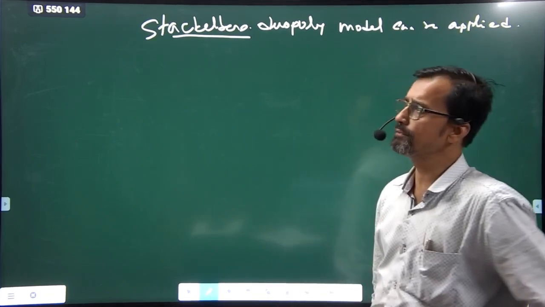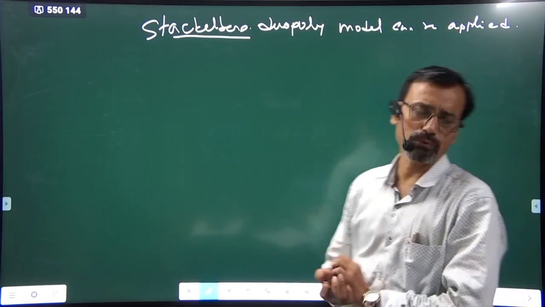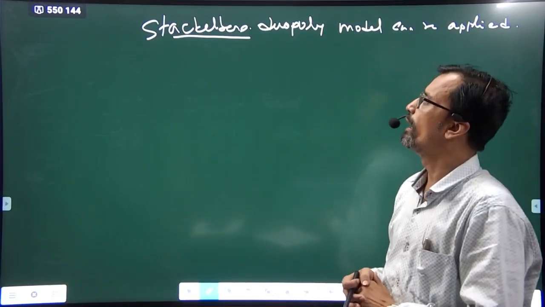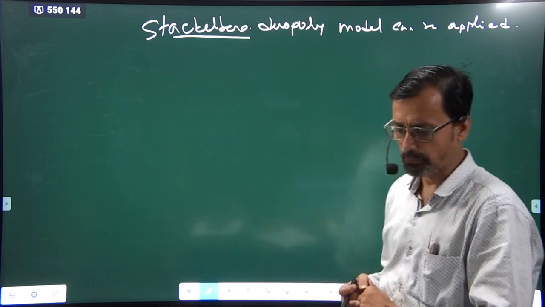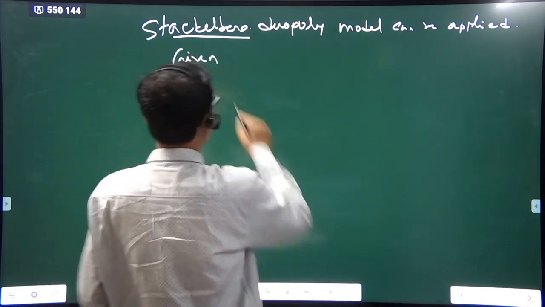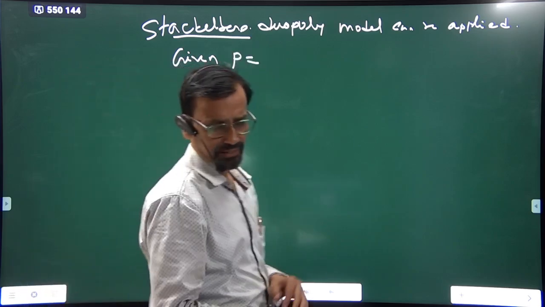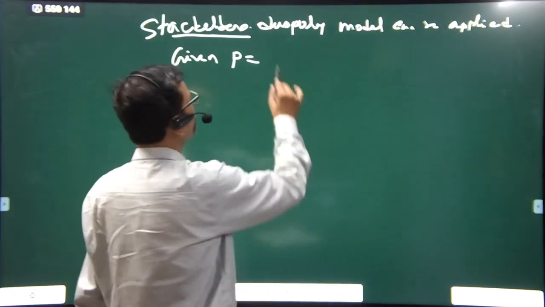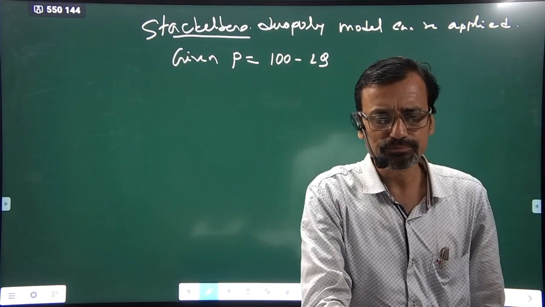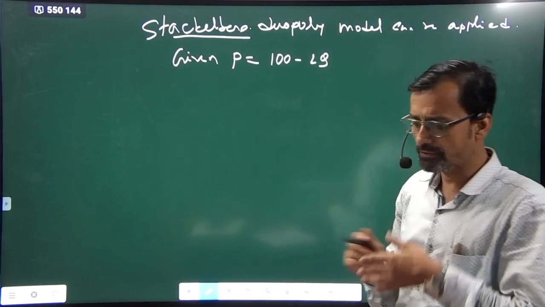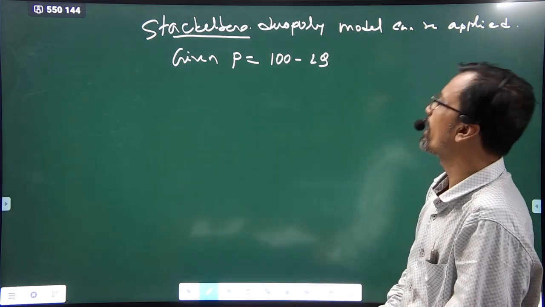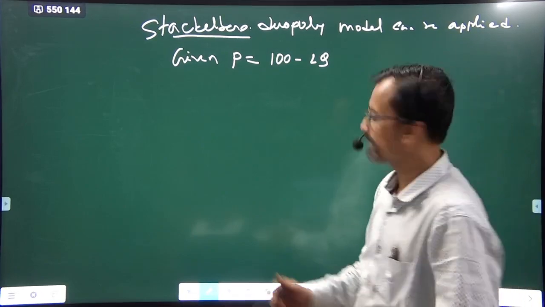First, the reaction function: firm 1 will use the reaction function of firm 2 for determining its output decision. Now, given price is equal to 100 minus 2Q, where Q is the sum of Q1 and Q2, the output produced by firm 1 and firm 2 respectively.